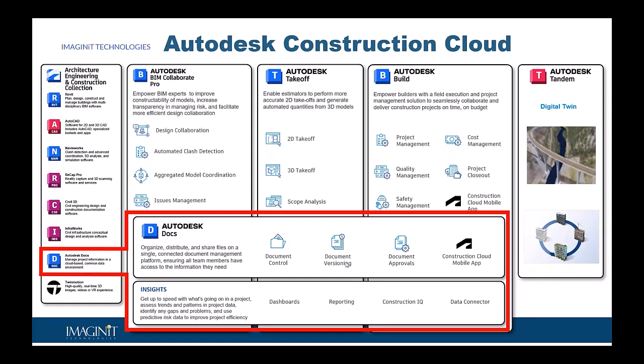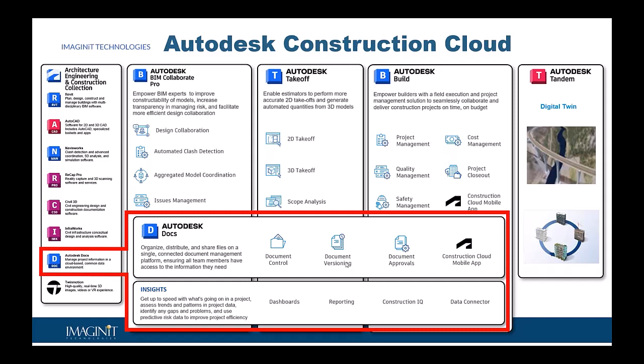What's awesome about having Docs as the foundational piece is this is all done automatically for you in the background. With versioning, every time you save, a version is going to be created. And the other thing that's really great is, have you ever needed to go back to a prior version and had to reach out to IT, figure out who to work with in IT, go through those processes and try to find the file and when it was last saved and get that backup for the version you were looking for?